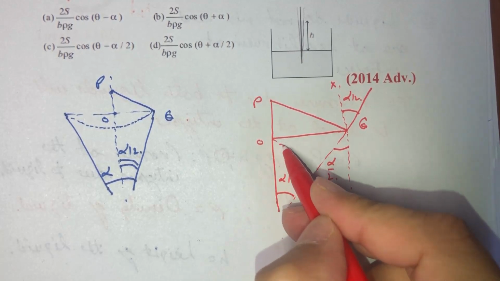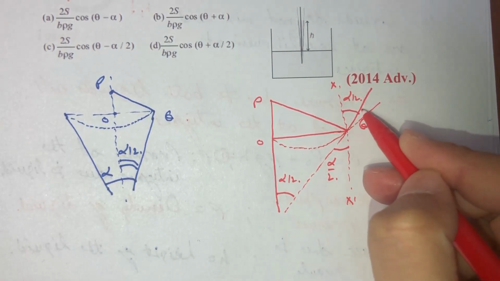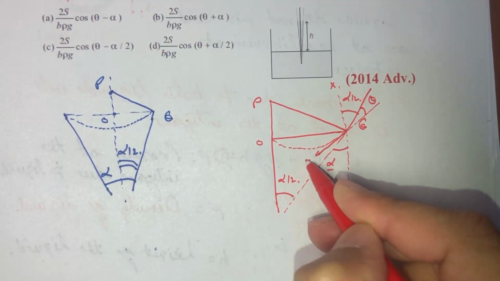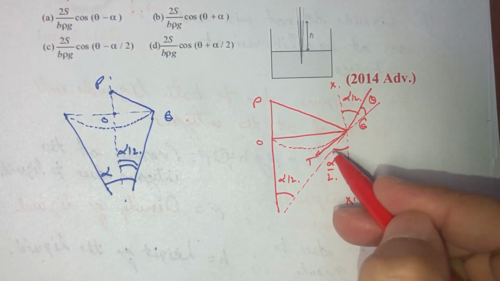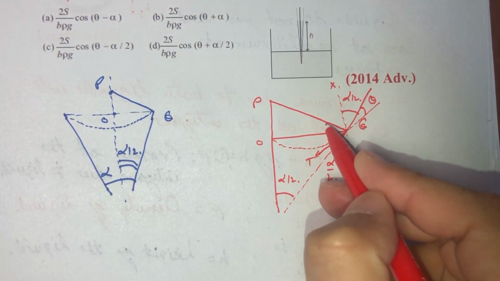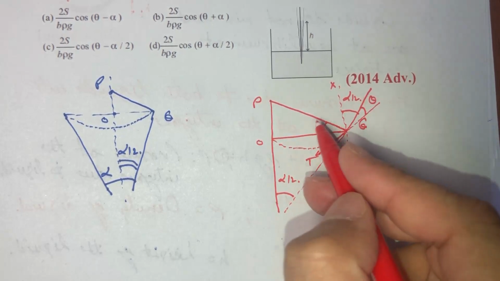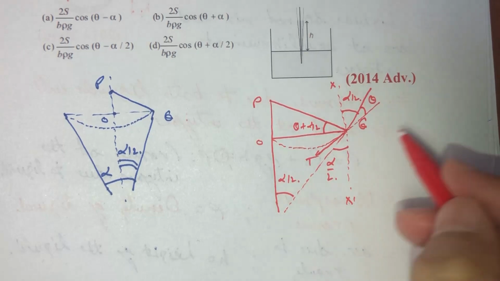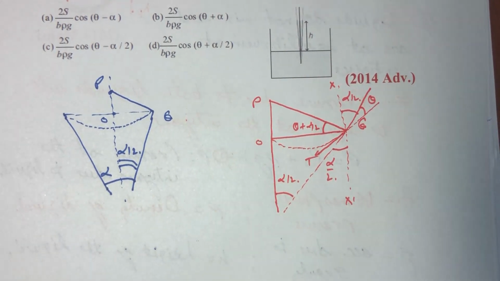I forgot to draw this curved shape, and let us draw the angle of contact. This angle is given as theta, and we are going to have surface tension acting along the tangent, and this angle will be theta plus alpha by 2. I think more or less we have drawn everything.